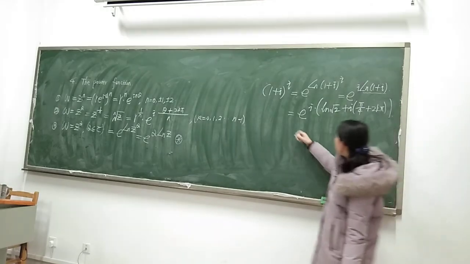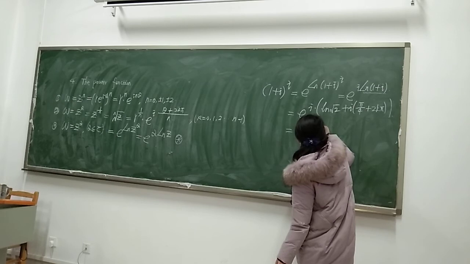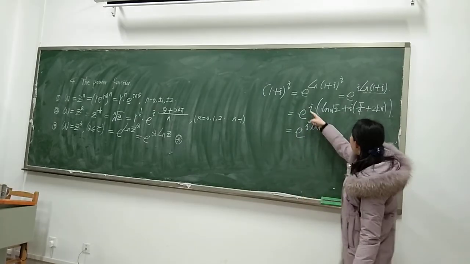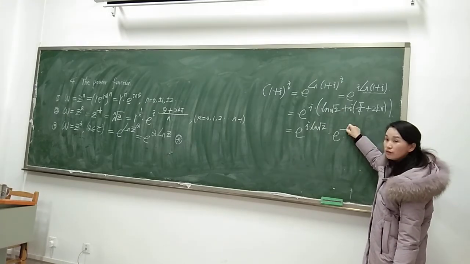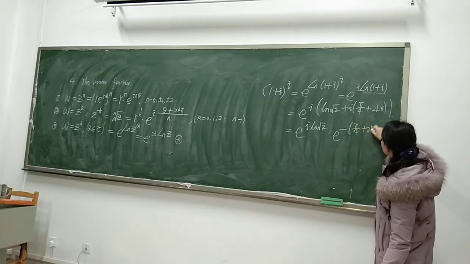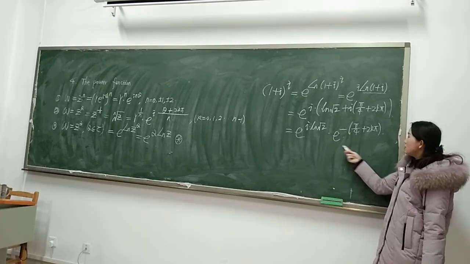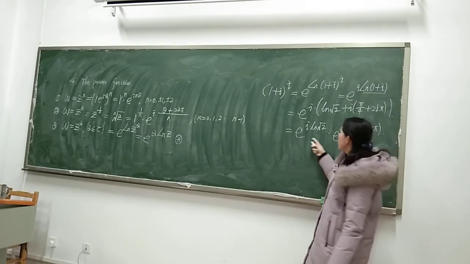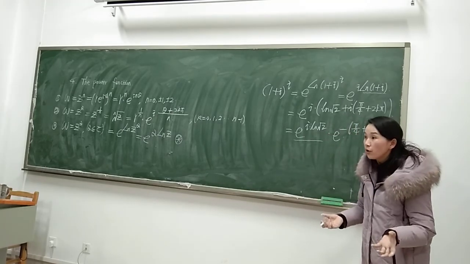So the last answer, you can write e. This is the first part. The second part, i squared. i squared is negative. Okay? So this is real. This is a real number. This is a complex number, but for this complex number, you can use the Euler formula.